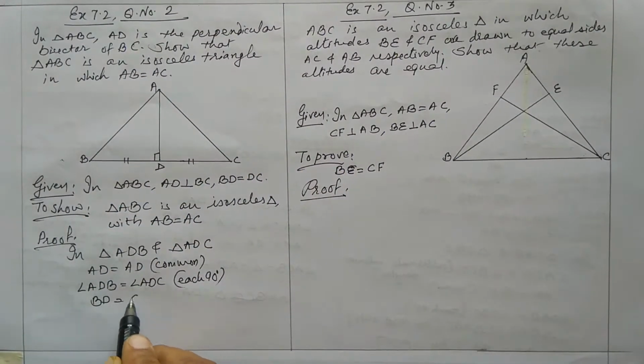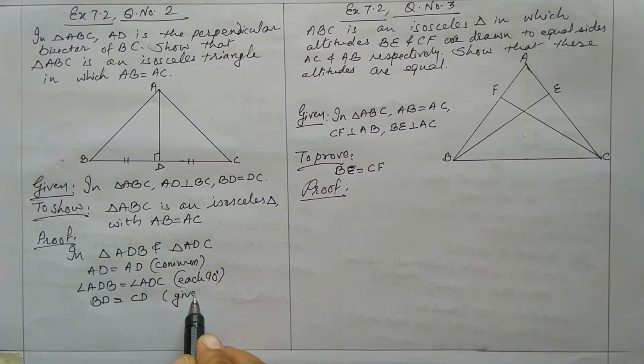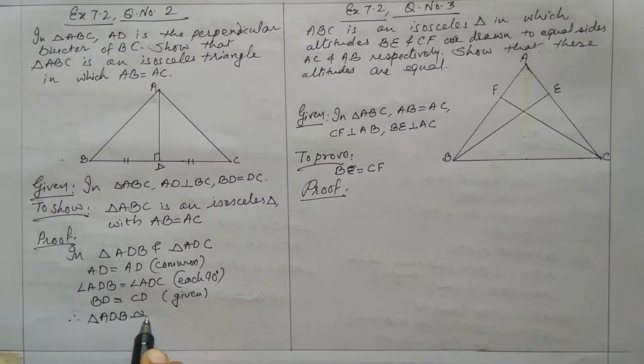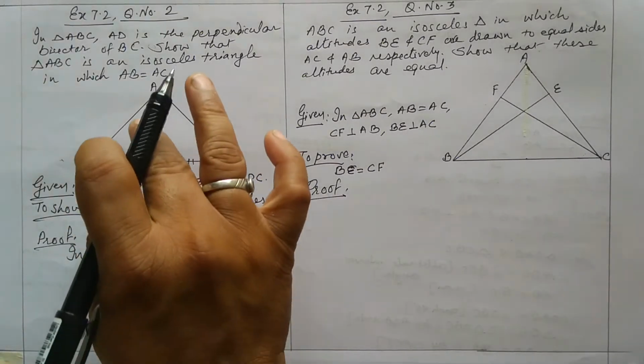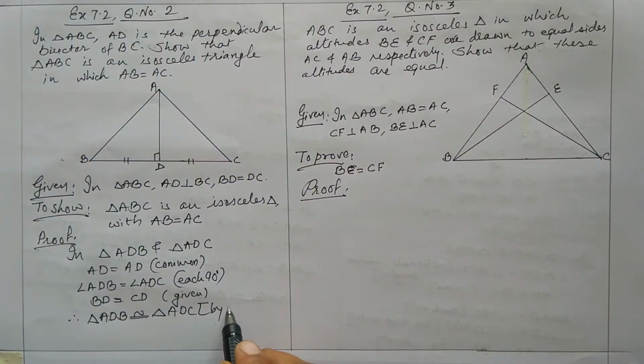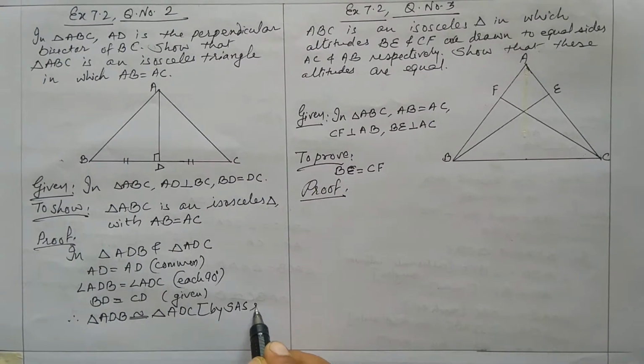This is also given, because it is said that AD is perpendicular bisector. Therefore, triangle ADB is congruent to triangle ADC by the SAS rule.